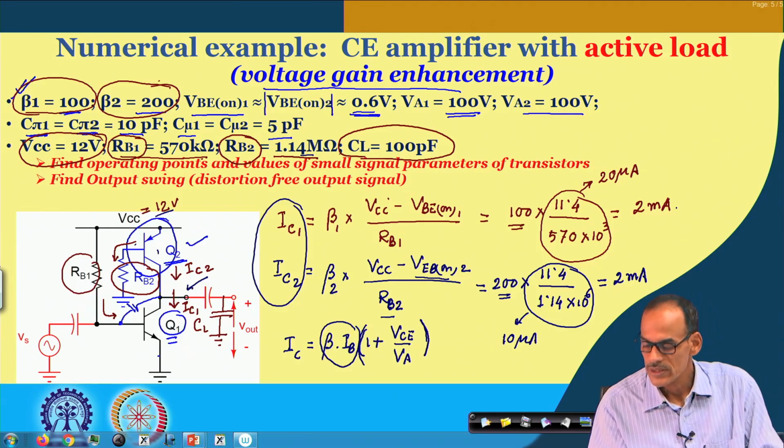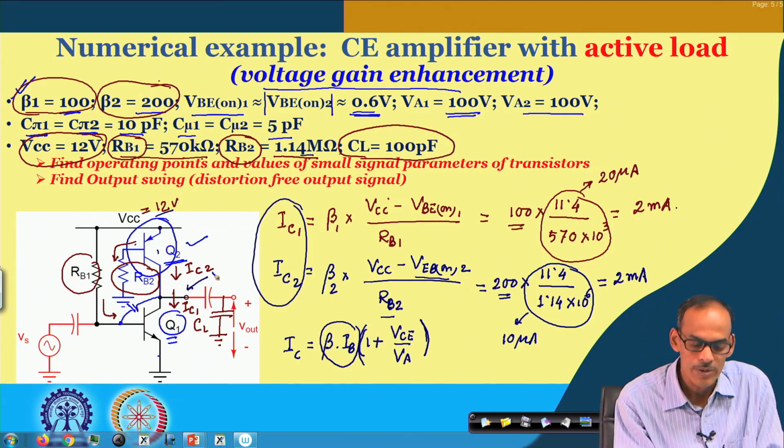So, to get the DC voltage at the output node, say V out, what can we do?